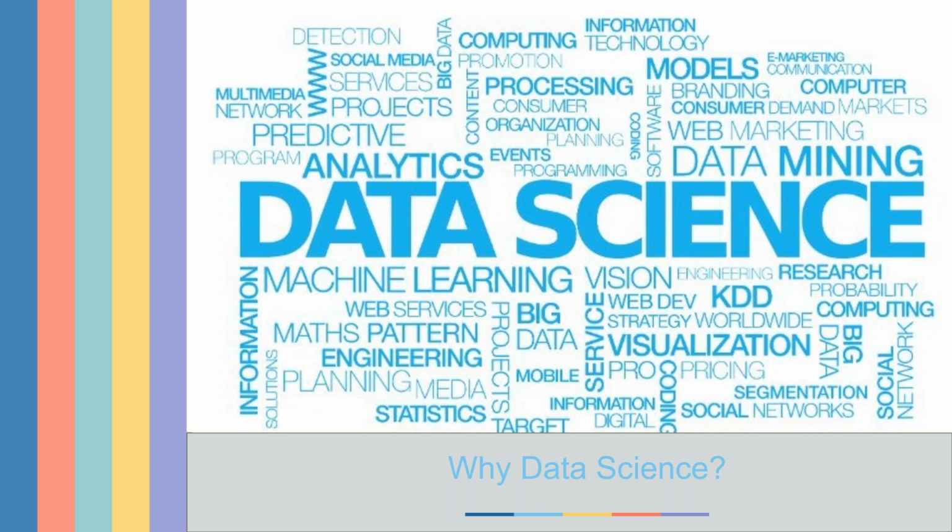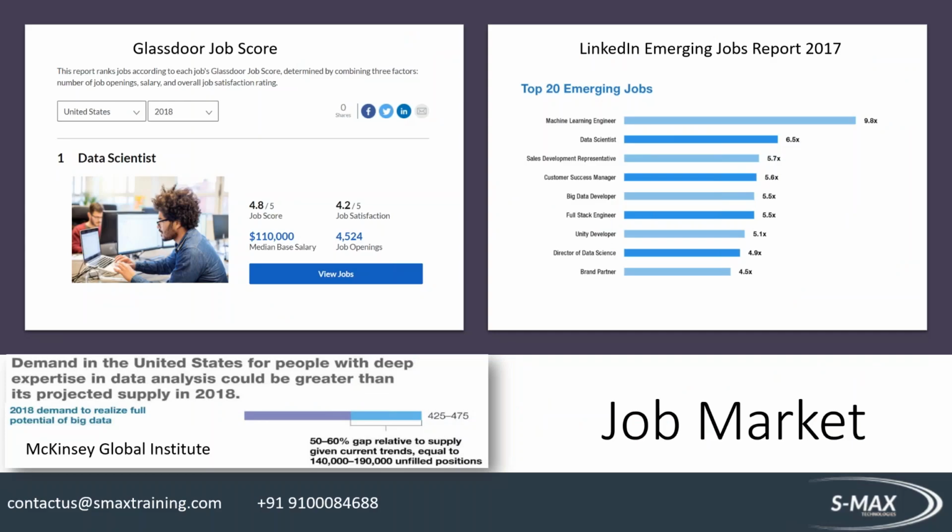But why data science and why now? So we know that there has been an importance to data from 1942, but nobody spoke about data science even in 1980 or 1990. But why are people talking about it now, and why is there a huge demand in the job market right now?